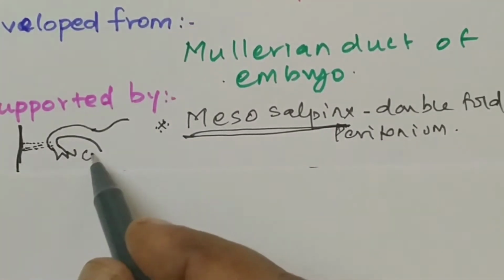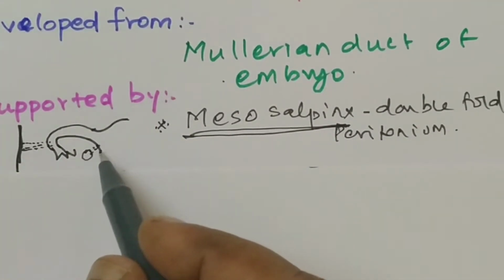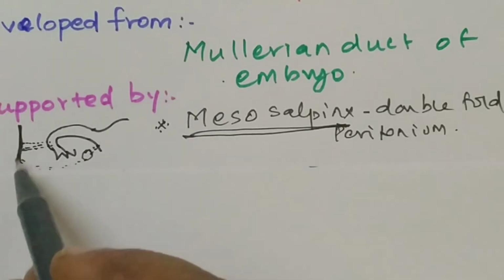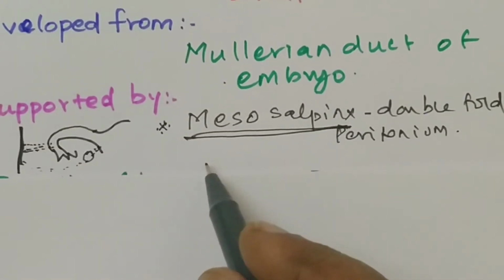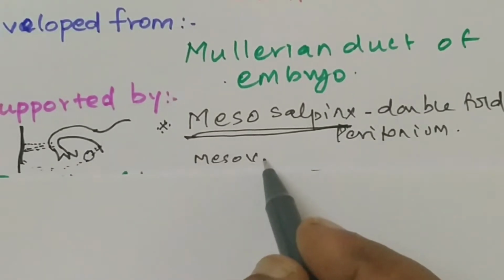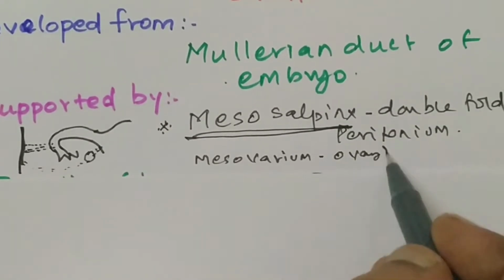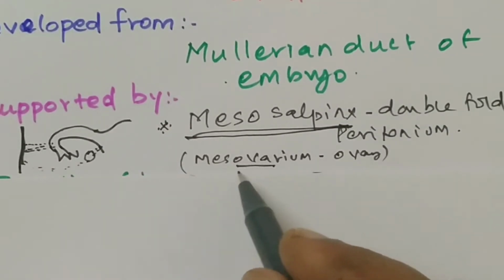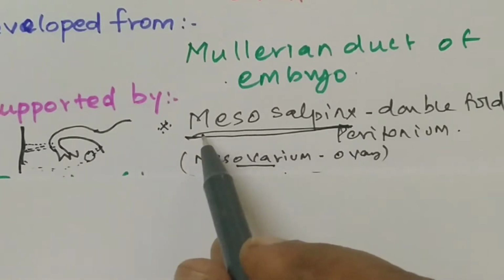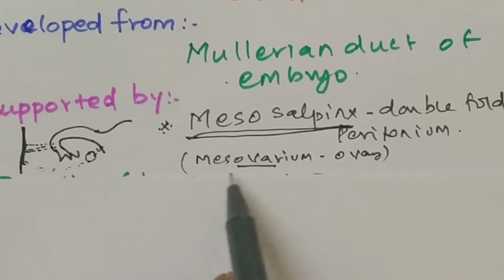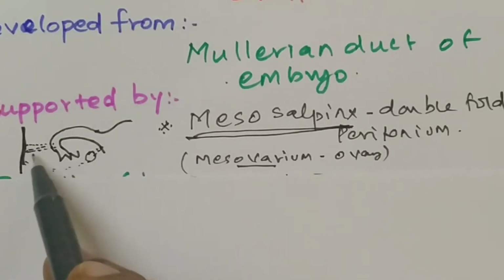We have already discussed the ovary. The ovary is attached to the uterus wall as well as the pelvic wall, the hip wall, by the mesovarium. Don't forget, this is the ovary part; see, the word ovary itself comes in mesovarium. But this one is the mesosalpinx, and this part is the mesovarium.